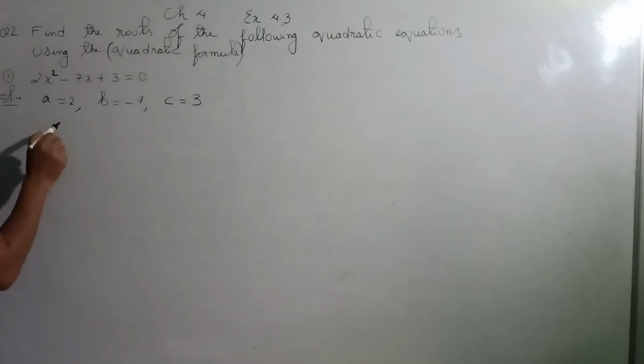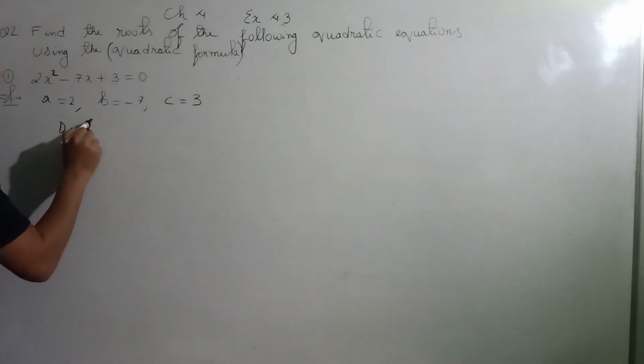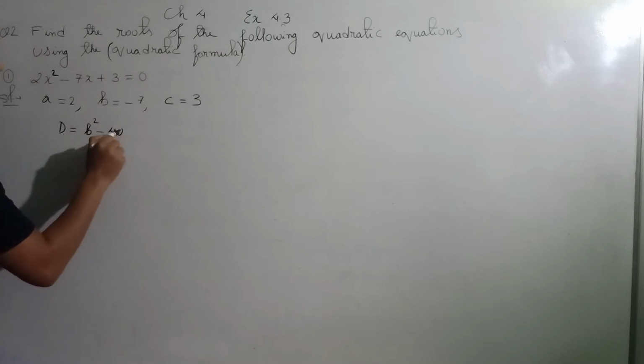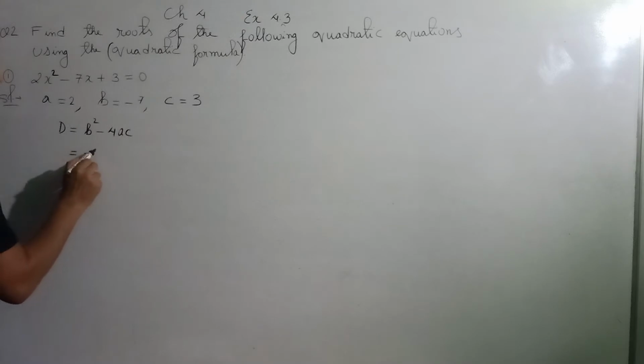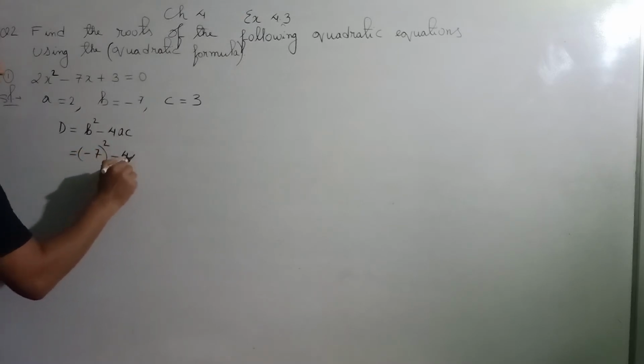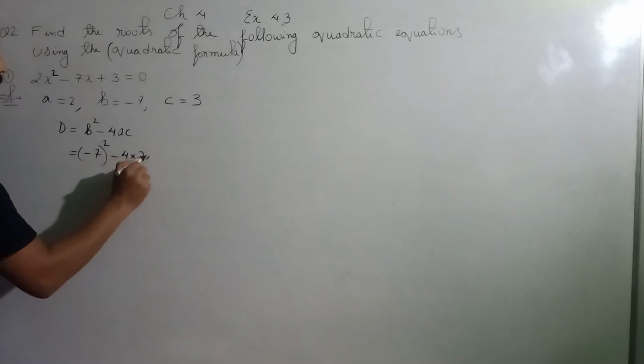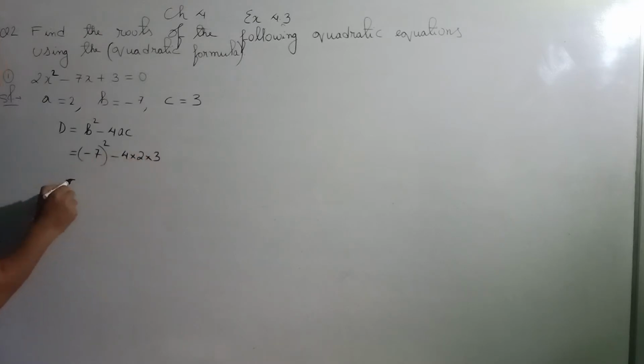Now let's find out the discriminant. Discriminant is given by b squared minus 4ac. Your b is minus 7, so minus 7 squared minus 4 times a, which is 2, times c, which is 3.